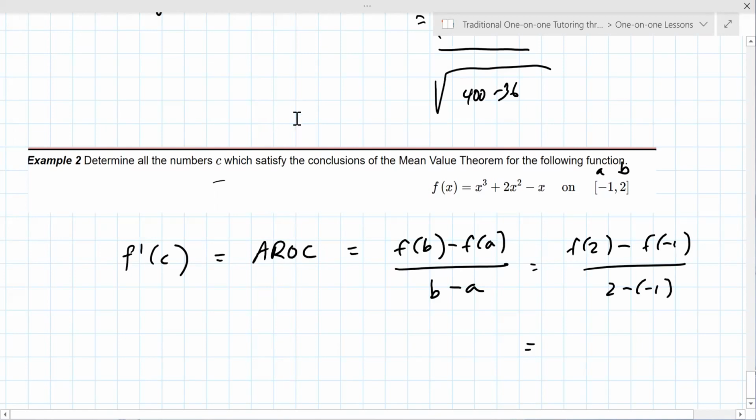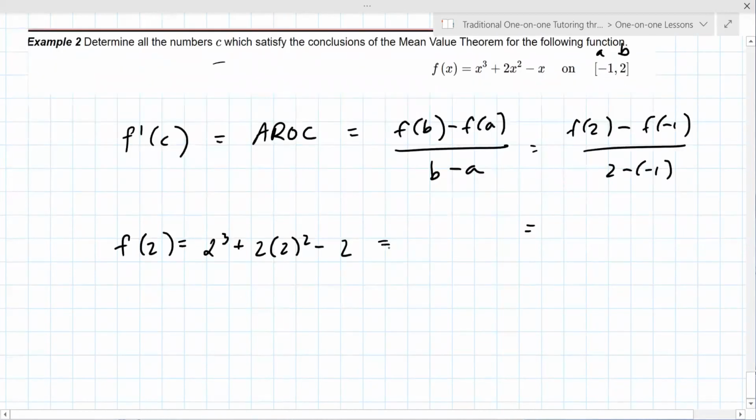So we have to evaluate this function at 2. So f of 2 is 2 cubed plus 2 times 2 squared minus 2. And that ends up being minus 2. F of -1 is -1 cubed plus 2 times -1 squared minus 2. So that's -1 plus 2 minus 2.